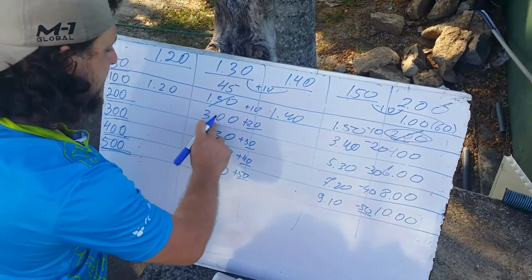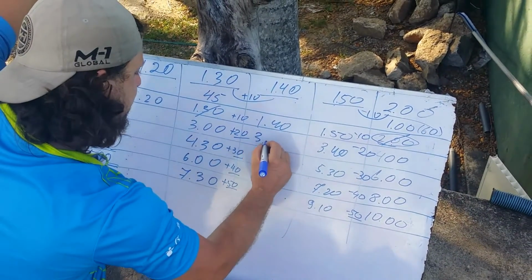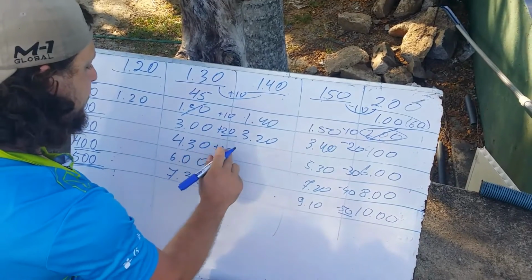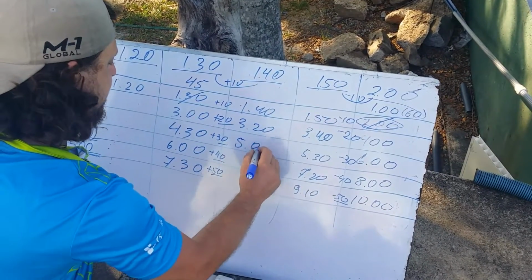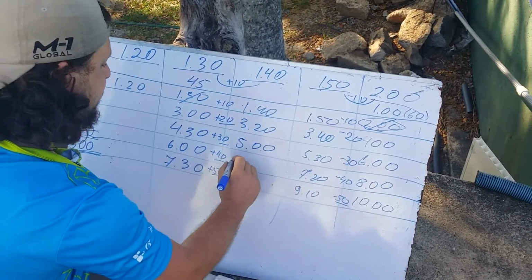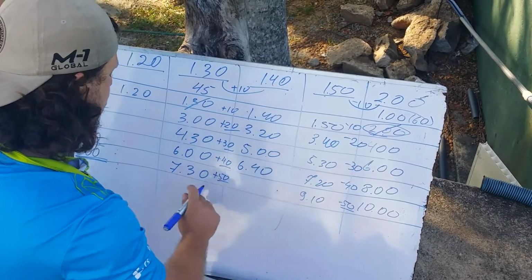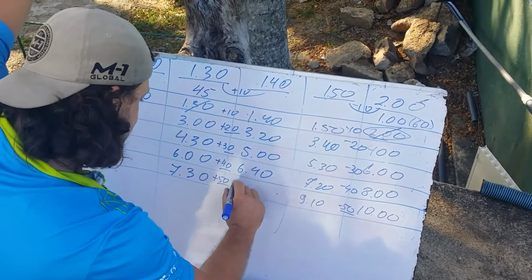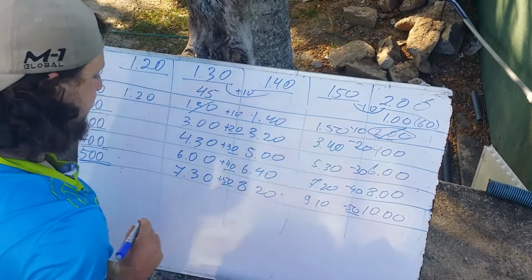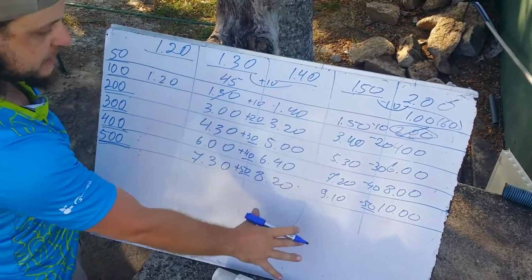So over here, 3 minutes plus 20 is 3:20. 4:30 plus 30 is 5 minutes. 6 minutes plus 40 is 6:40. Over here you get 8:20.